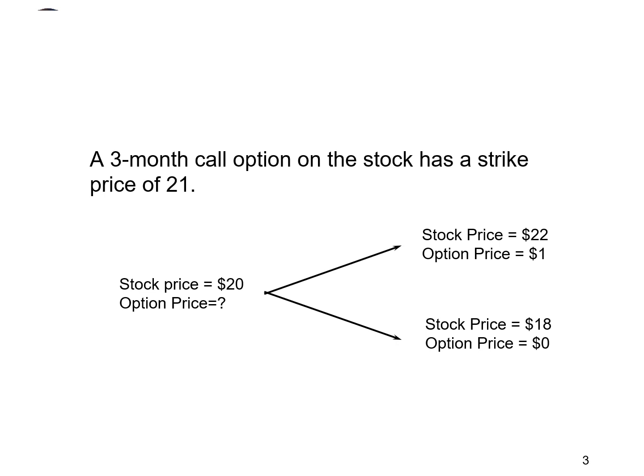So let's take this example a little further. Let's assume that you have a 3-month call option which is being traded in the market with a strike price of $21. Let's say after 3 months the stock price actually goes up to $22 based on what you had anticipated.